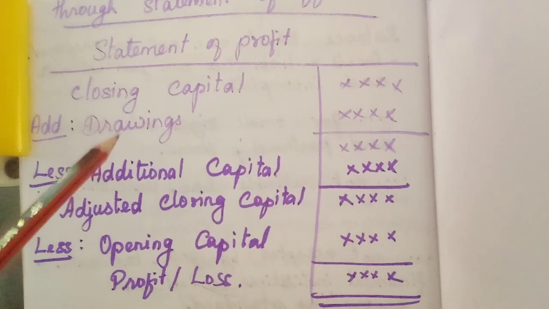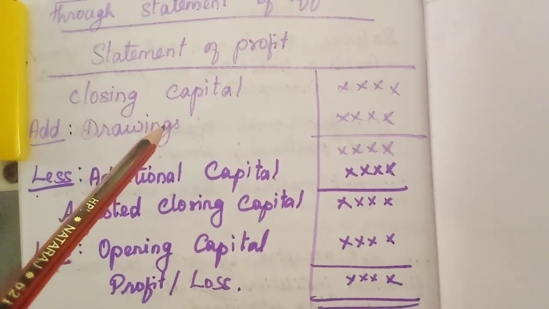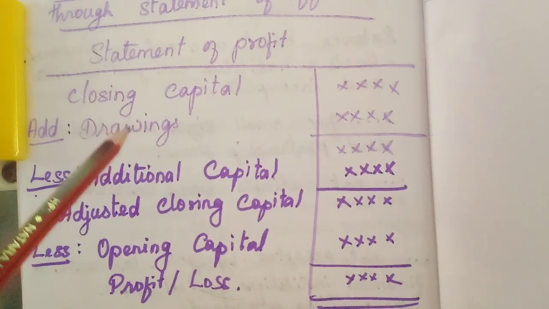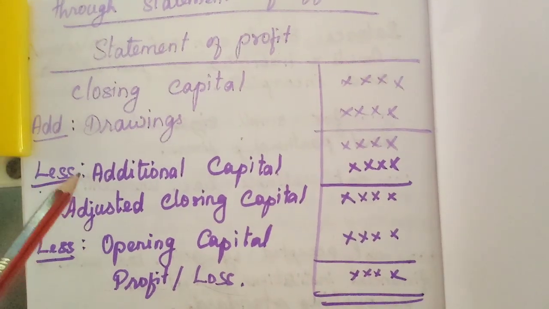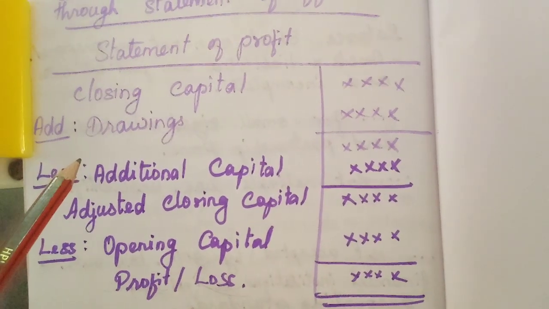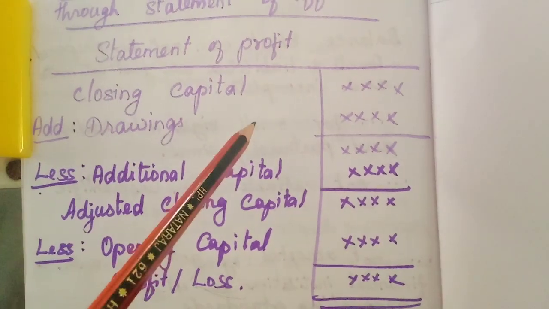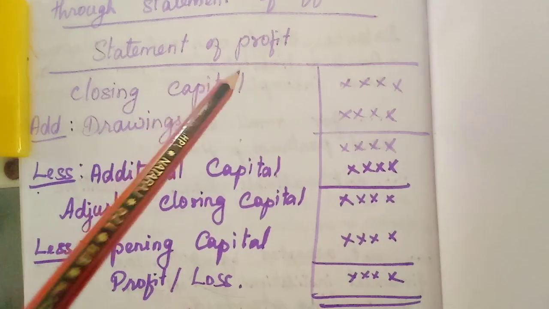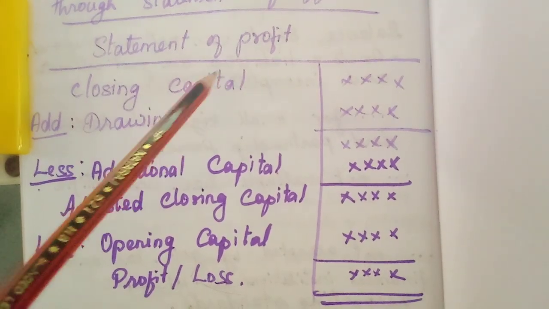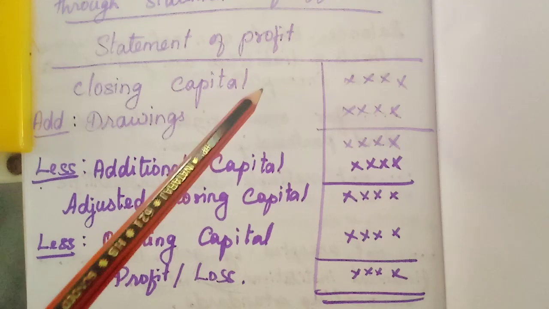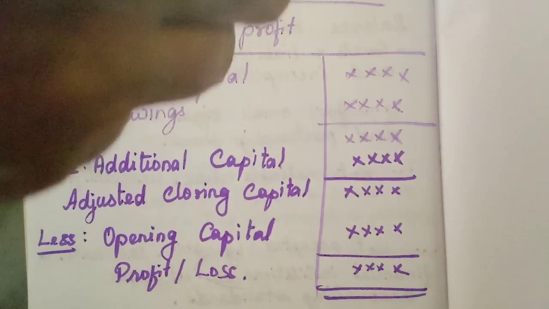Since we are calculating the profit from the statement of affairs, it is also called the statement of affairs method. Capital is also called net worth, so we can say net worth method. That we can see written here.